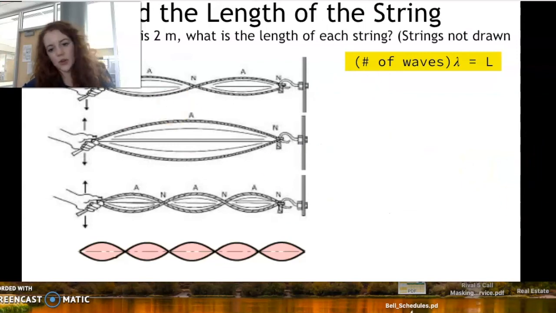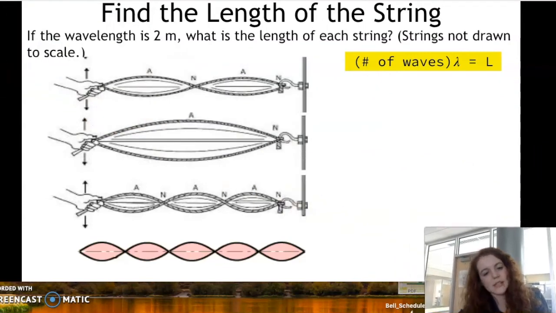Okay, now let's do it the reverse way, which I think is maybe a little bit easier, where you're given the wavelength and you need to figure out what the length of the string is. So here we have a picture and the wavelength is 2 meters. So we have one wave, which means our length has to be the full wavelength.